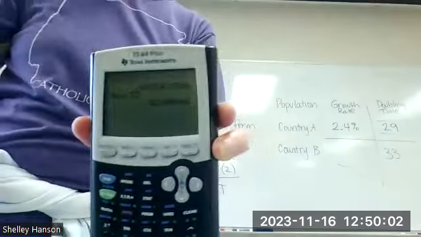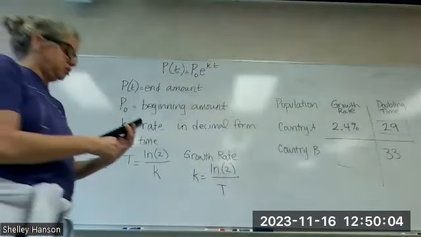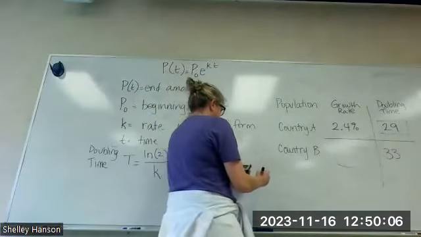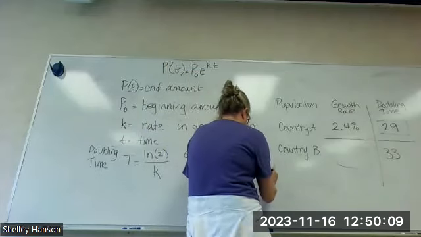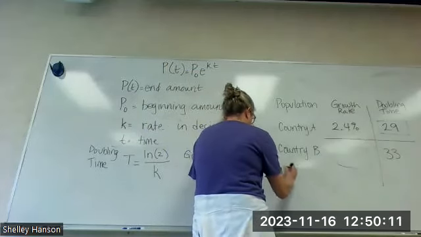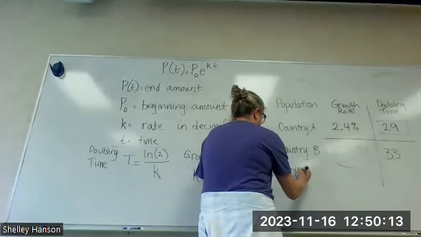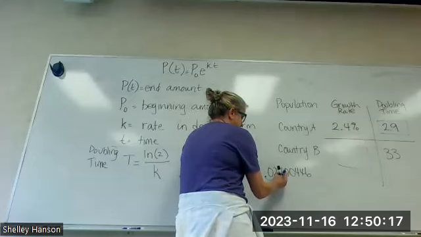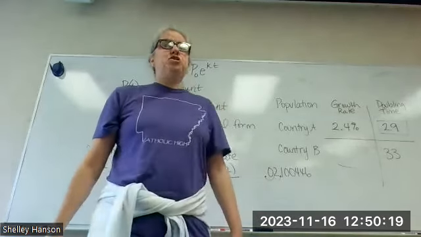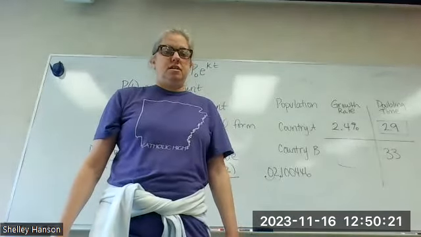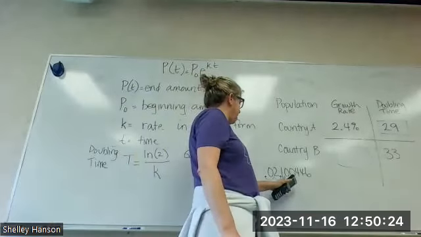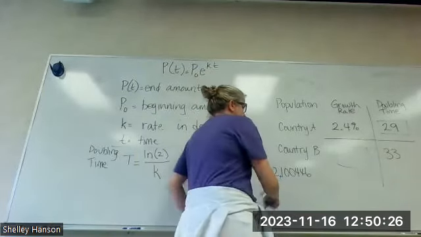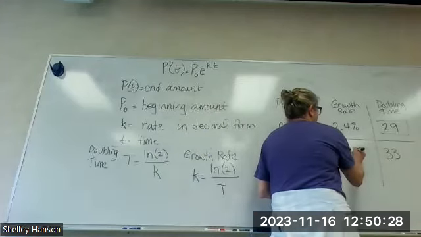I need to put it in percentage form and then round that percent to the nearest 10th. So 0.02100446. The first thing I've got to do is move it 2 places to turn it into a percent. So I have 2.10, which is just going to be 2.1%.